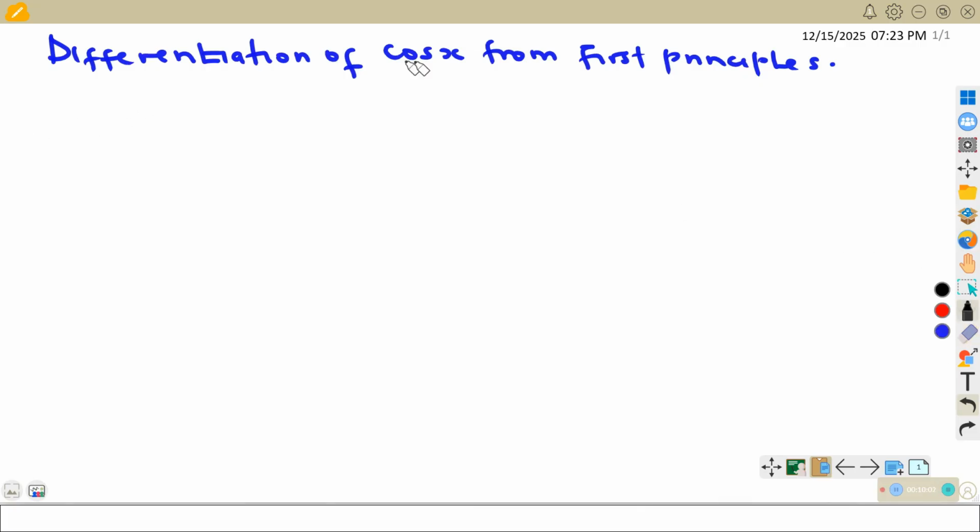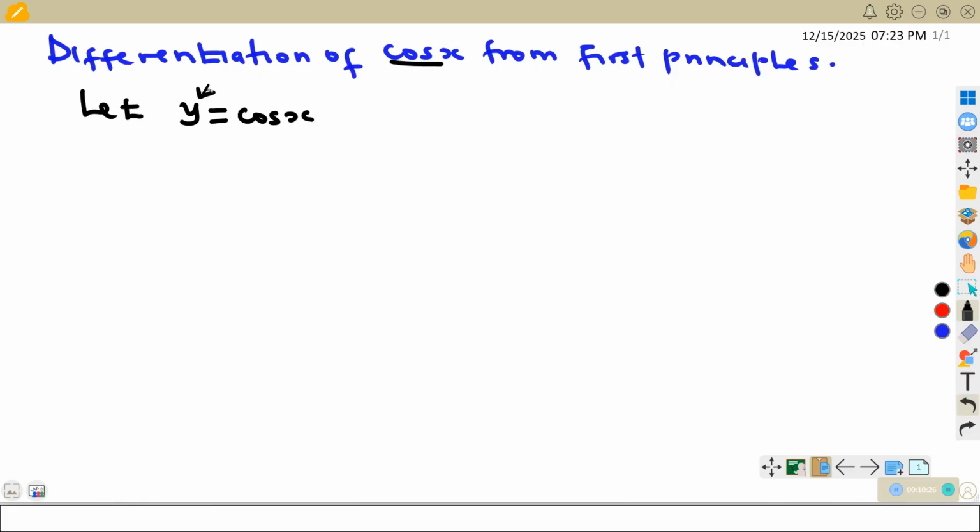When we are to differentiate cos of x, we first let y represent cos of x. If y represents cos of x, then bring in an increment in x.